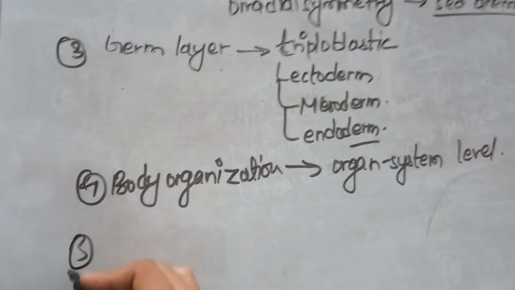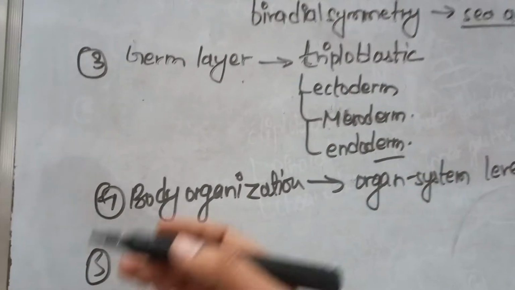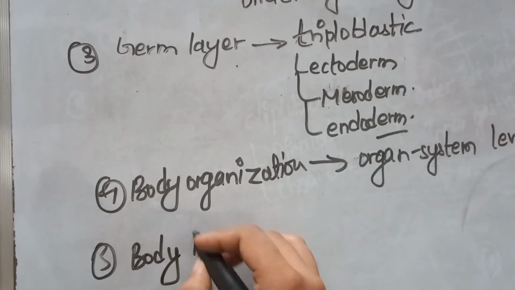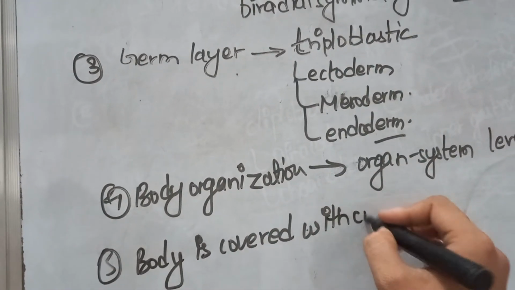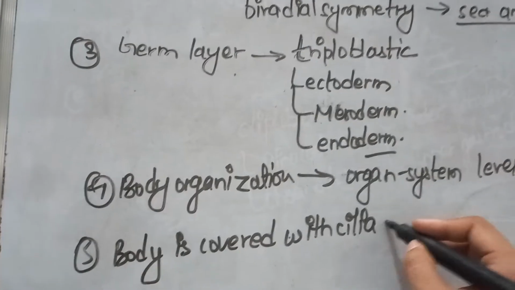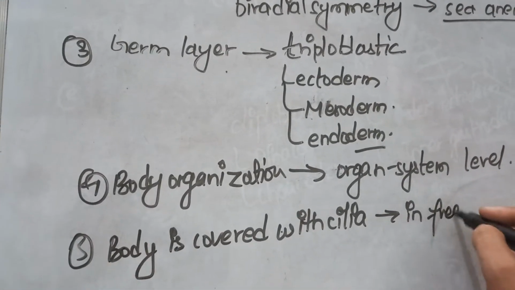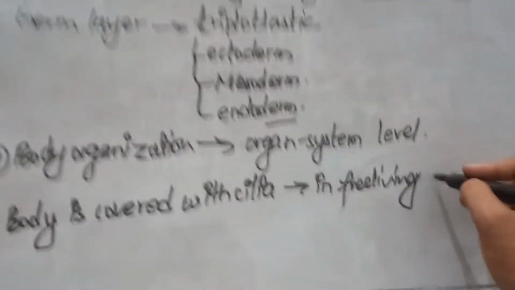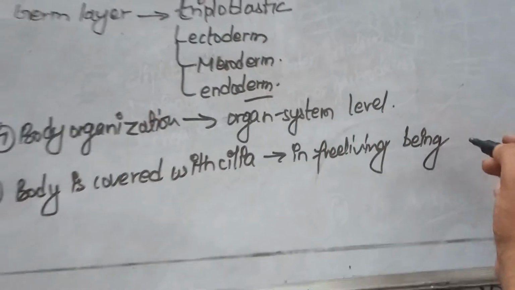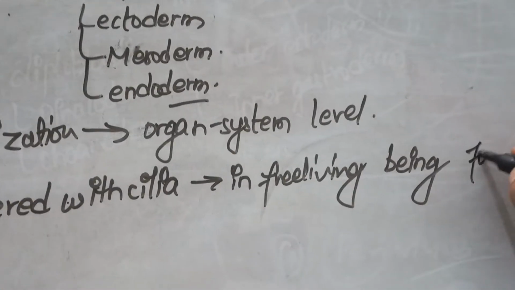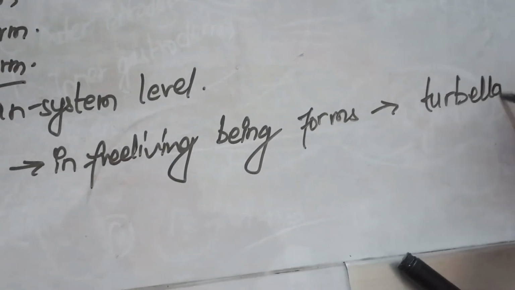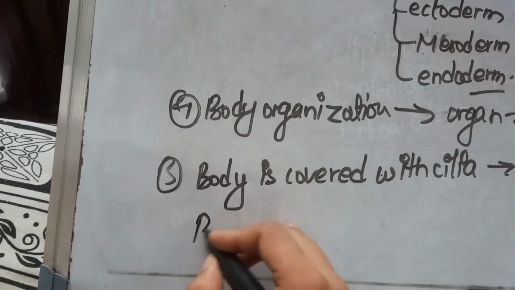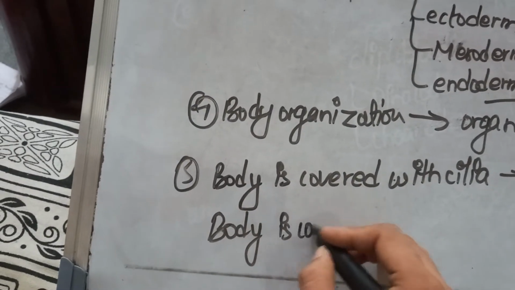And in number five you will be learning some notes. Body is covered with cilia in free living forms, the Turbellarians. And another, body is covered with cuticle in parasitic forms. What are the parasitic forms? Trematoda as well as Cestoda.